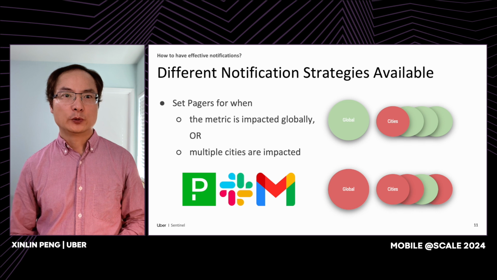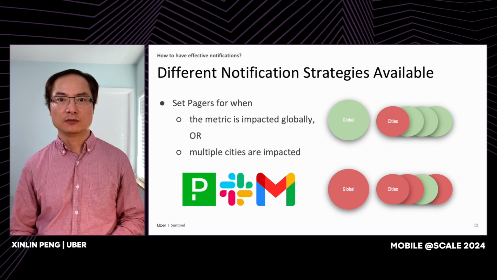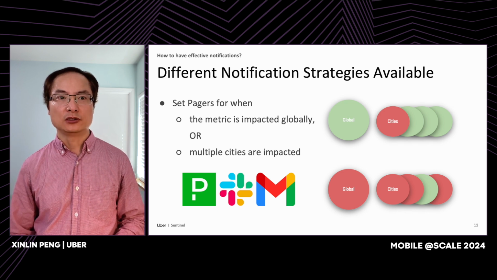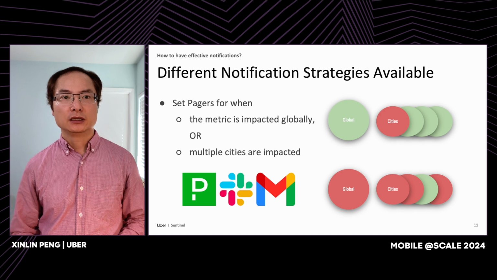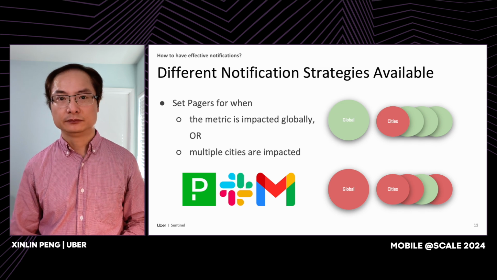For example, when just a single city shows a problem, you can have it either as a Slack message or email. And when two or more cities are impacted at the same time, you can choose to be paged. And even within cities, you can have different strategies. For example, get paged only for some cities and Slack for the other cities.